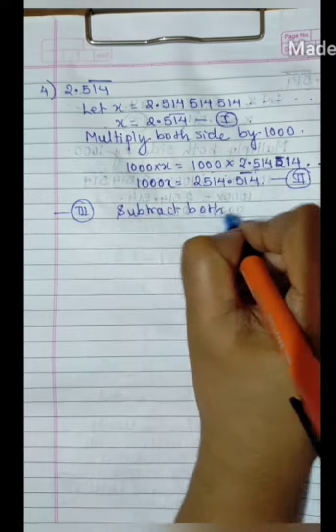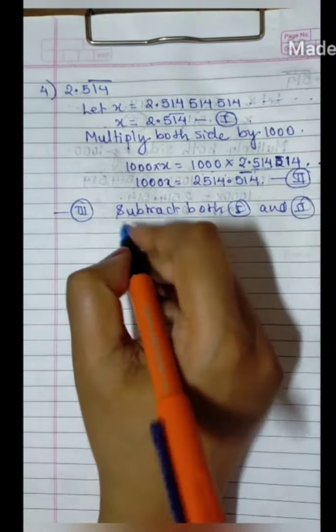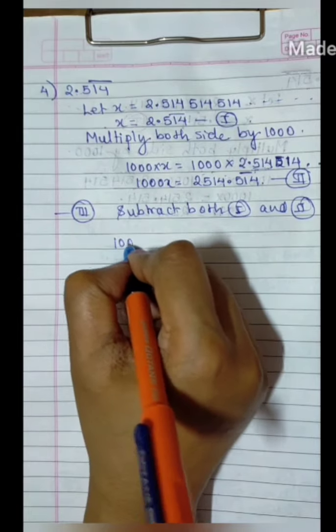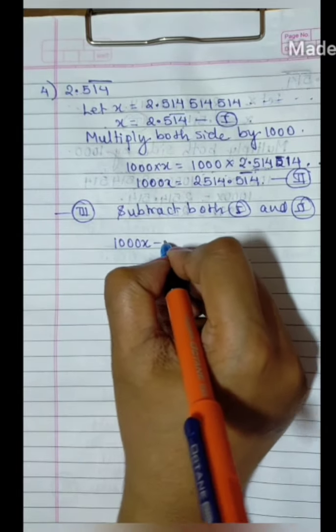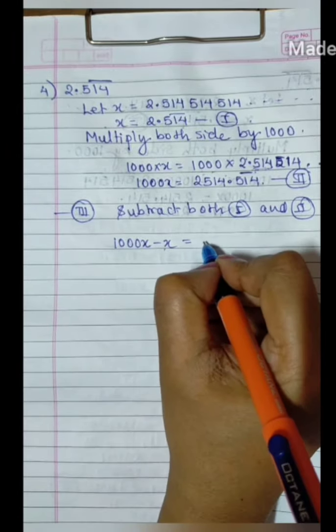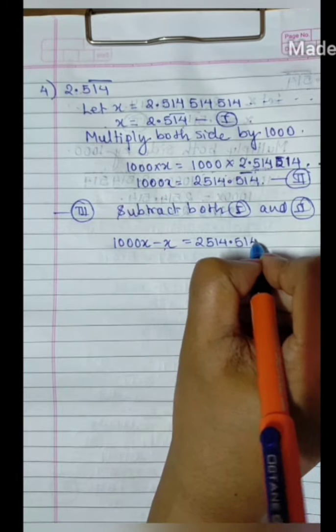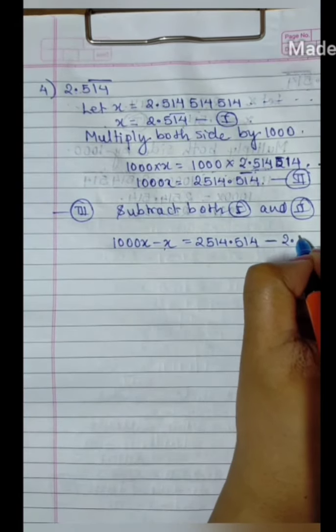And our third step is we have to subtract the first and second equations. So 1000x minus x is equal to 2514.514 minus 2.514.